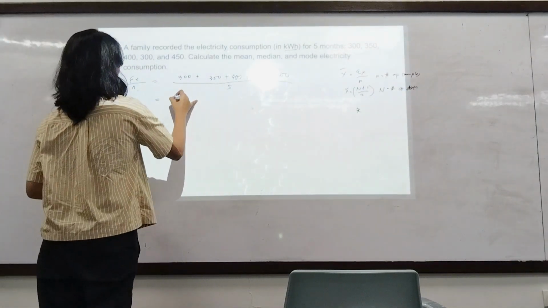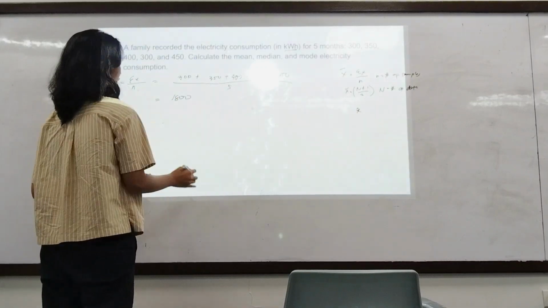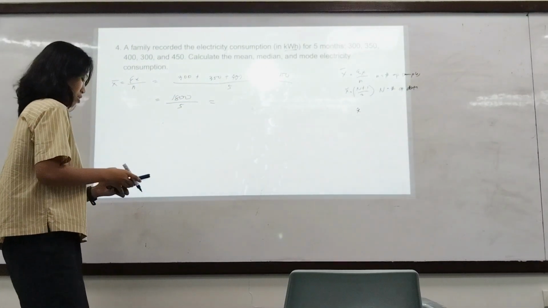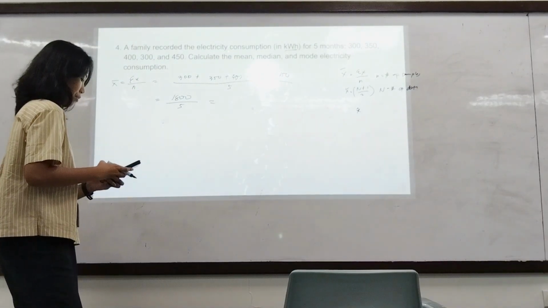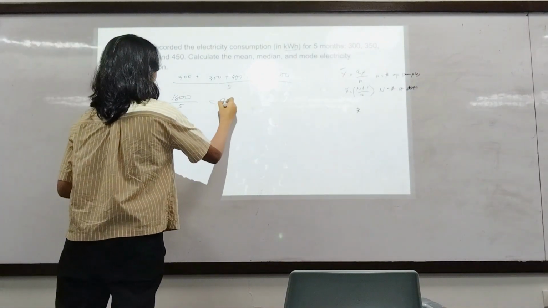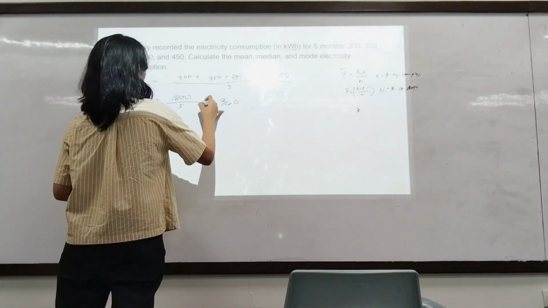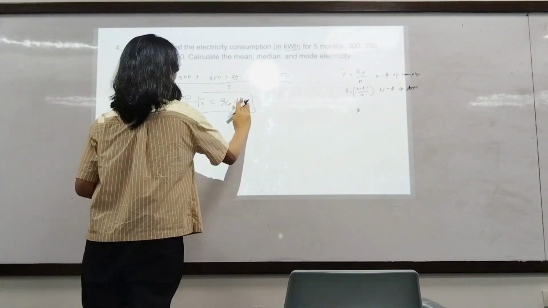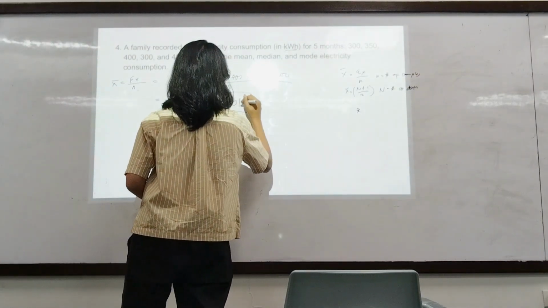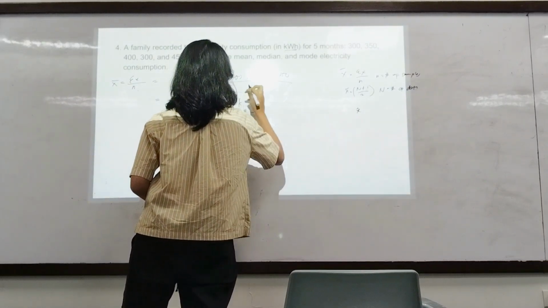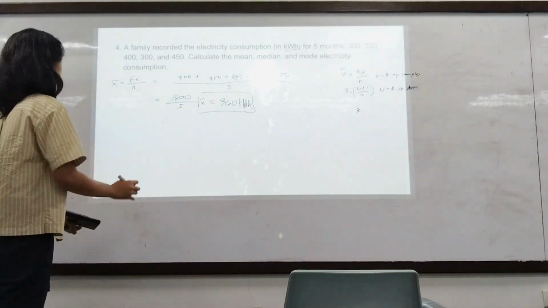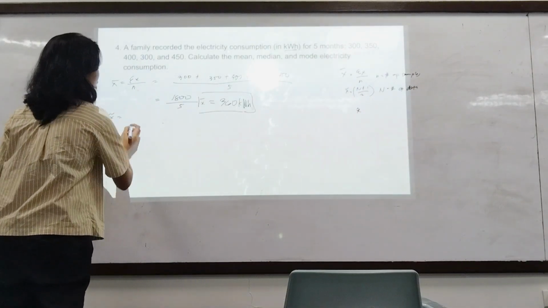So that's a total of 1,800 over 5. So the answer for this is 360 kilowatts. That's our mean.